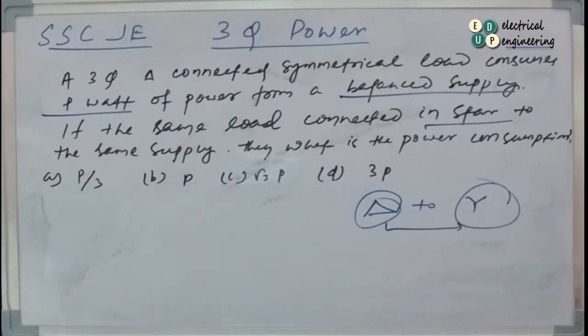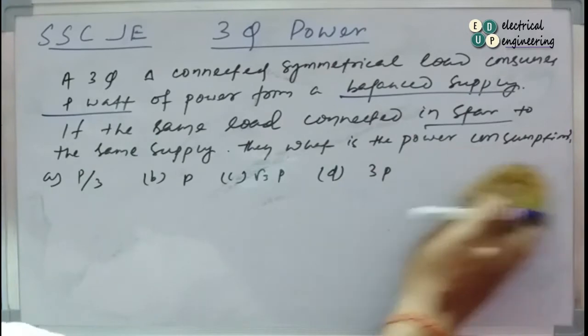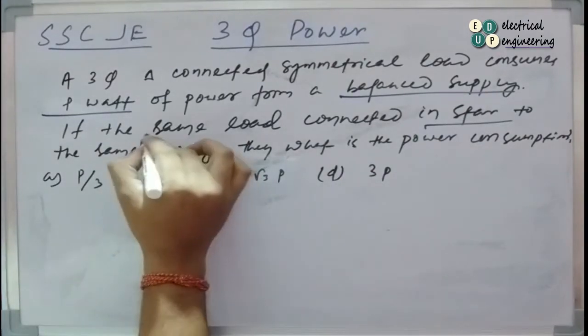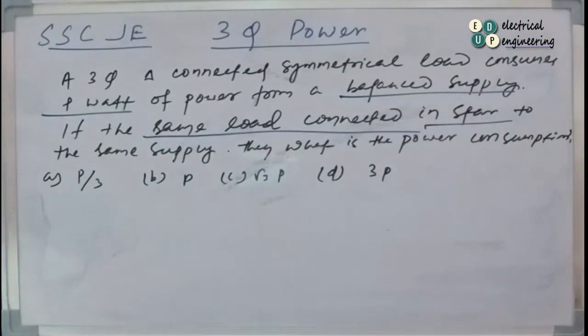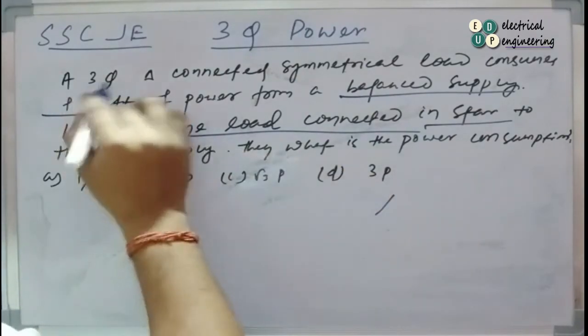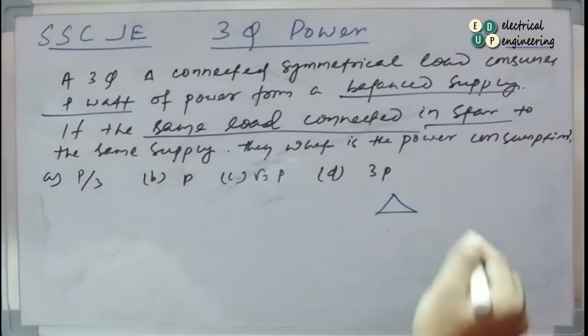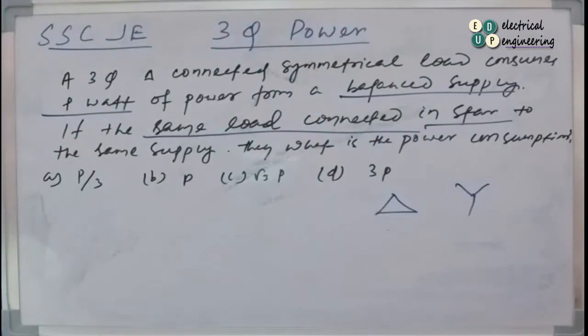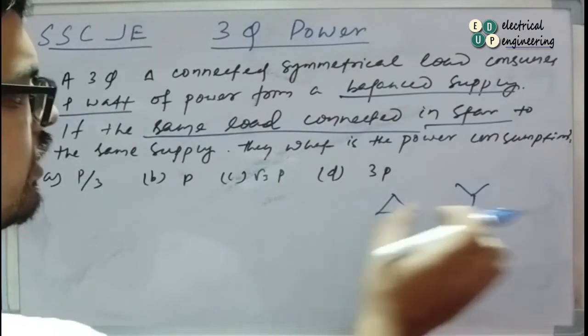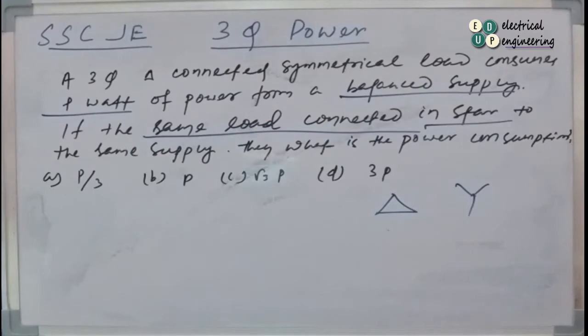But here you need to see that the same load is connected. First it was connected in delta, and then the same load was connected in star. So here loads are not getting changed. Same load, different configurations. So you will get different power. Definitely you will get different power. So let us discuss how.